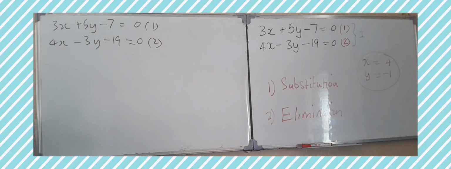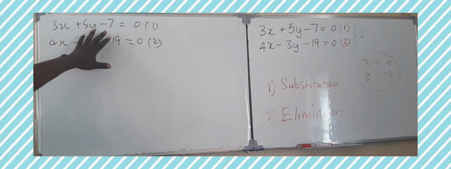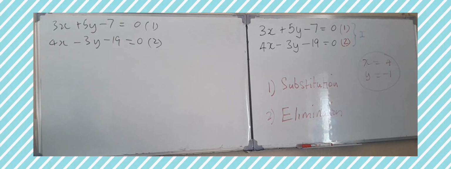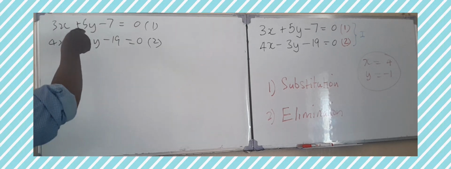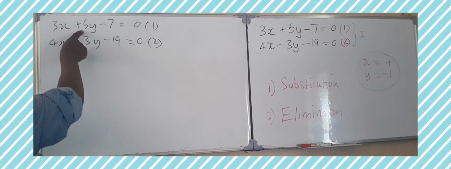Now, in the method of elimination, you look at one of the variables. I don't want to use x this time. We are going to eliminate y from these two equations. So what we do is we look at the coefficient of y in the first equation. It is 5.